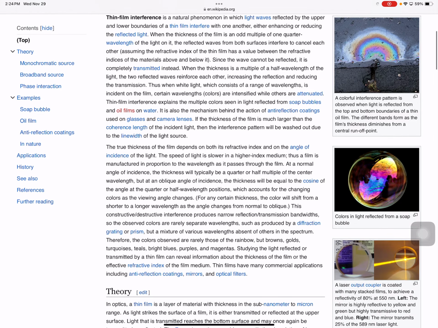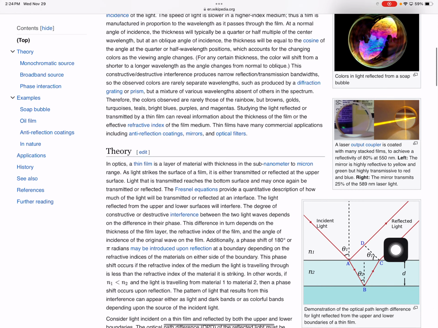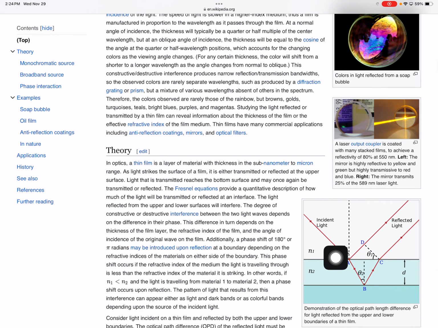So here's what's happening. Here is white light incident. Part of this light is reflected, part of it goes through the oil, gets reflected here, and goes through there. This reflection is like a hard reflection. When you hit a medium of refractive index greater than what you're traveling in, that's a hard reflection.